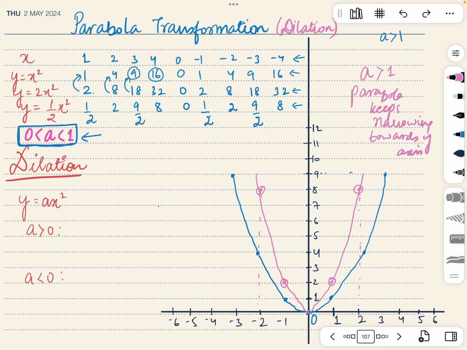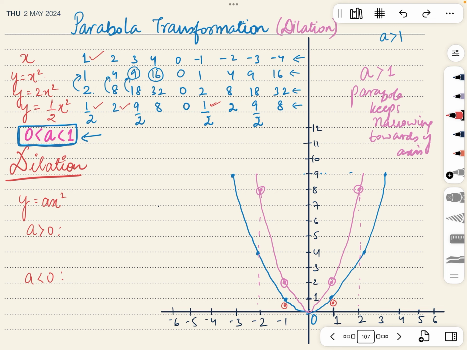So for this, I'm going to plot now. I'll take a different pen for you. Here you go. So at 1, we are getting a half. Plot here. At -1 also, we are getting a half. Plot here. Then at 2 we are getting half of x squared as 2, because x squared was 4, half of 4 is 2.